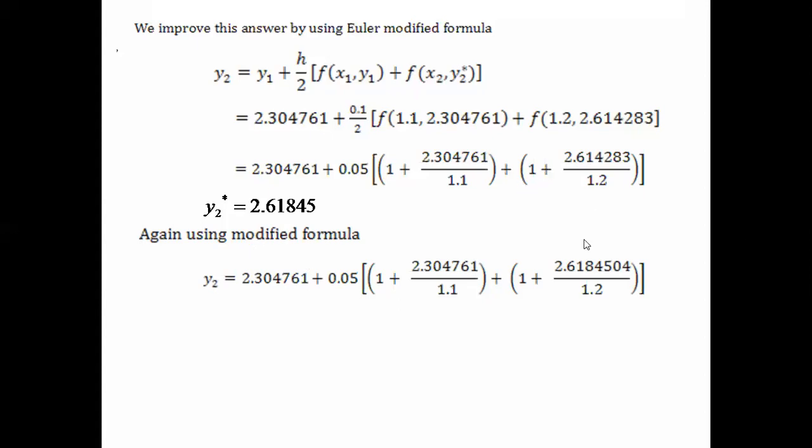If you replace this 2.614283 by the new value 2.6184504, right? 2.61845. Two more digits are also written; the actual value is 2.6184504. If we simplify, we see that this answer is 2.618862. So here 3 digits are repeating.